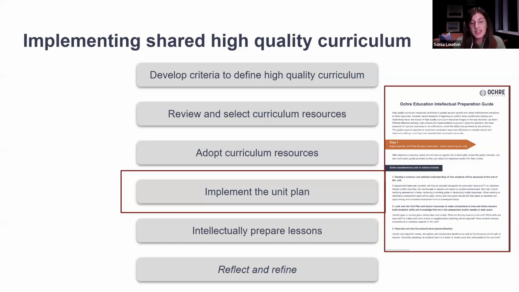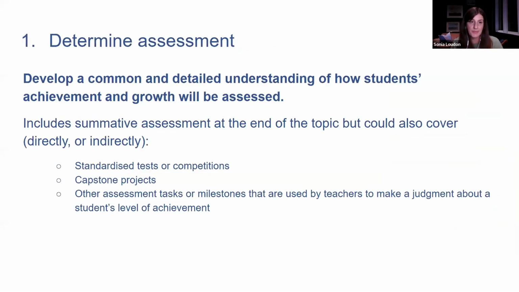And so the first thing is that you really have to implement the unit plan and be really purposeful and deliberate about that implementation. So the guide goes through how it's really important to determine assessment and understand what and how students are going to be assessed. And that's not just necessarily the summative assessment at the end of the unit, but how are teachers going to be making a judgment about the student's level of achievement?